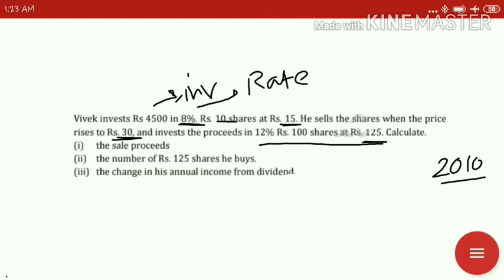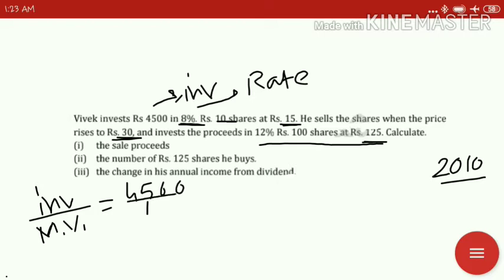First of all, the number of shares he purchased in the previous investment is not given. So you can easily find the number of shares by using the formula investment divided by market value. That means 4500 by 15. If you do so, you find that this is 300.